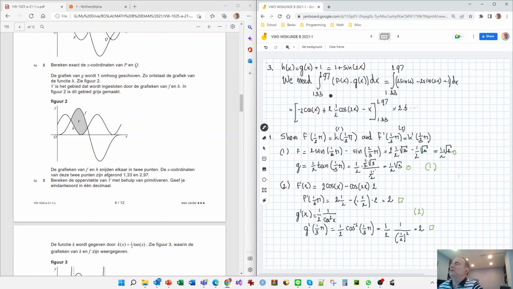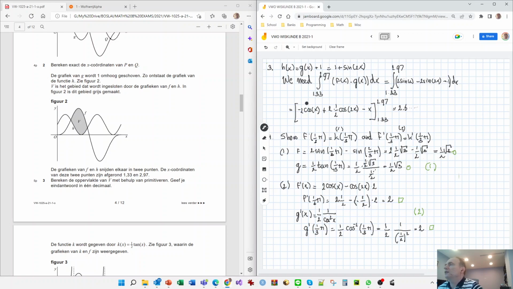Okay, so this is basic skills. You need to know how to calculate these. This f minus g from the x and y given there, and substitute the functions. So it's something with the sine of x and the sine of 2x.